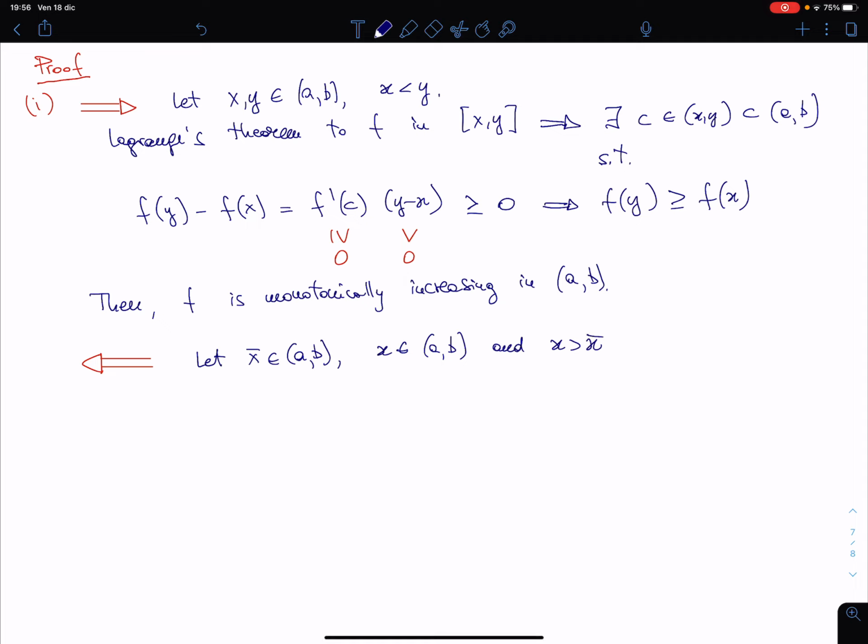Then we consider the incremental ratio f of x minus f of x bar divided by x minus x bar.